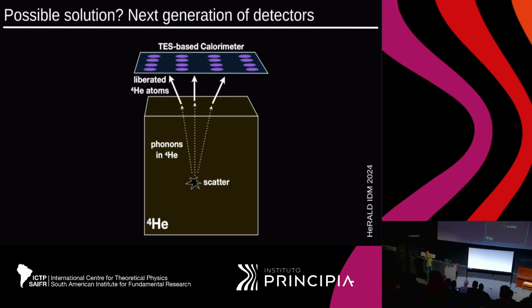So you place here one of these detectors that detect heat. And this atom, when it evaporates, will hit your detector here and then produce a measurable temperature change locally that you can measure. That's a big challenge.